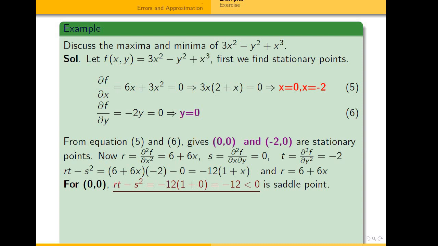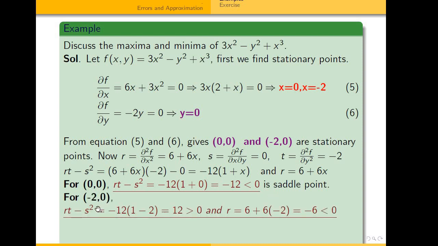Then our second point, minus 2 comma 0. This is rt minus s square, minus 12 into 1 plus x. We have to replace x by minus 2. Here we get minus 1, and so we get 12, which is greater than 0.